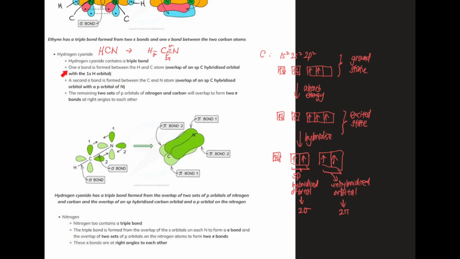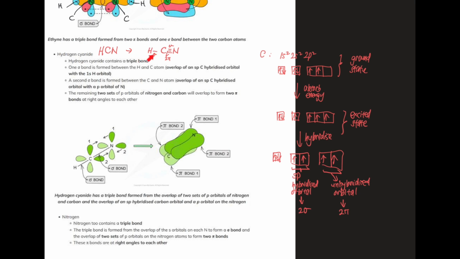Okay, we go through until here before we stop our lesson. So let's see first. 1 sigma bond is formed between the hydrogen and carbon atom. This one. And overlap of an sp carbon hybridized orbital, which is this one, will overlap with the hydrogen's 1s orbital.